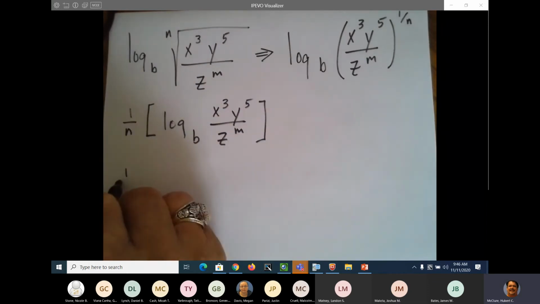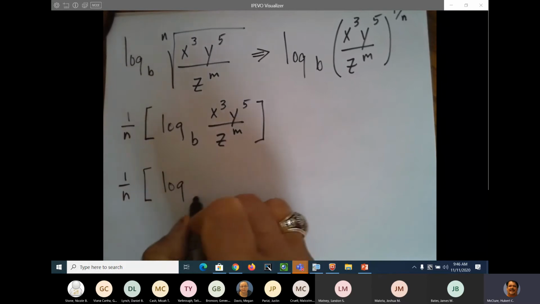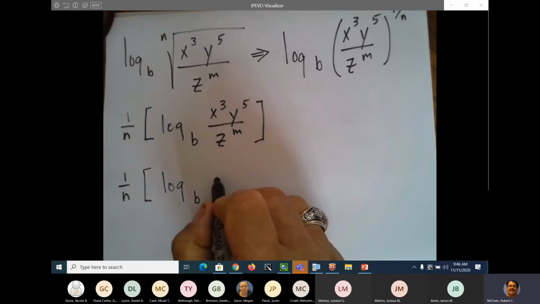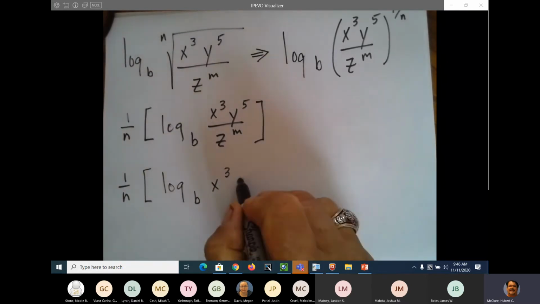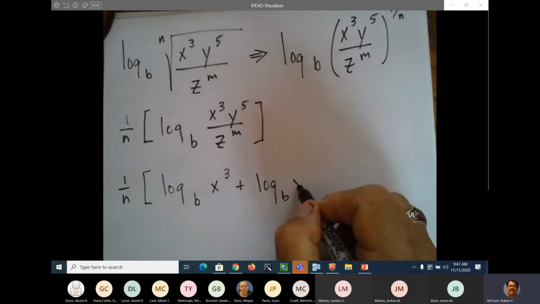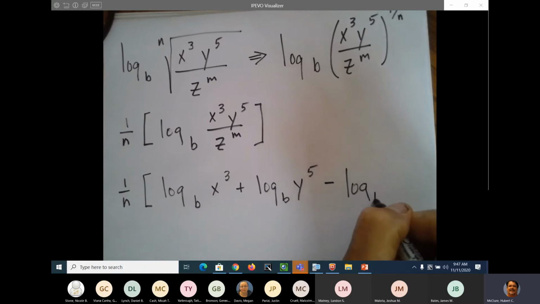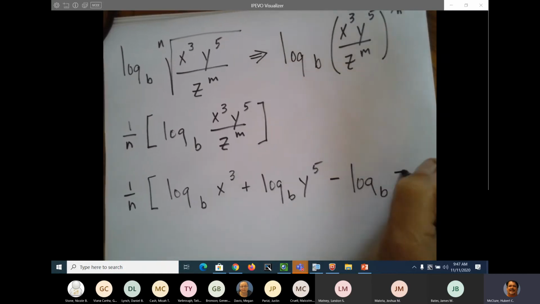And I'm going to bring my 1 over n down. Log base b of x to the third plus log base b of y to the fifth minus log base b of z to the m.